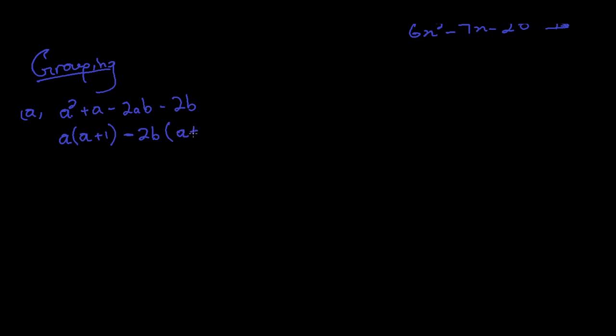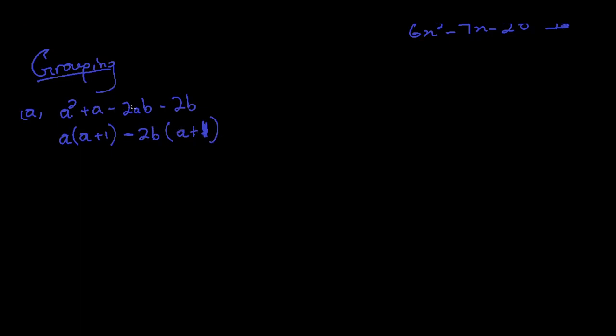Remember guys, when I multiply this, it should bring me back here. So negative 2b multiplied by a is minus 2ab. Oh sorry guys, it's supposed to be 1 here, not b. It's a plus 1, because 2b divided by 2b is equal to 1. Okay, so this is the concept of grouping.